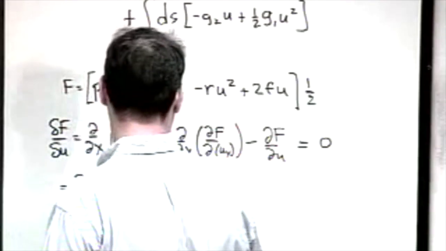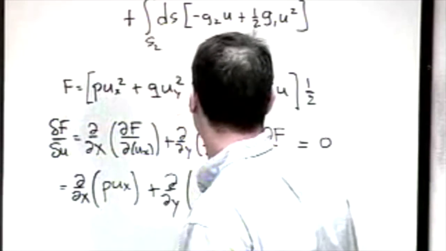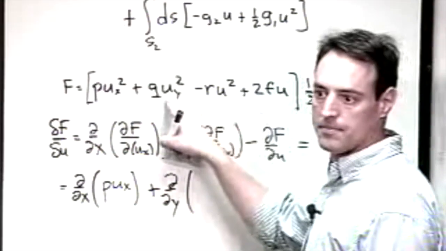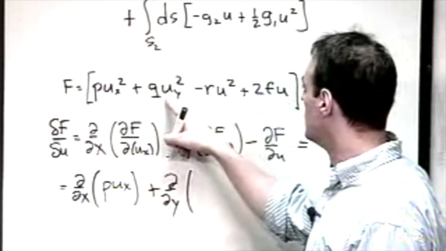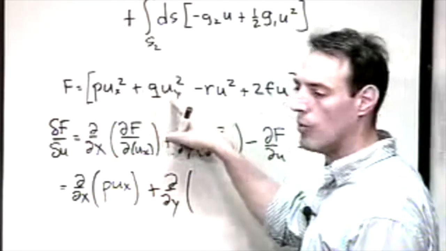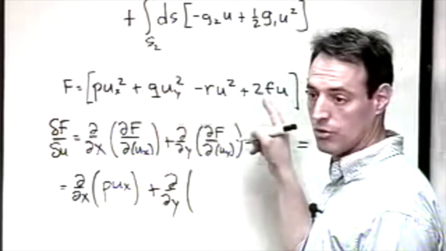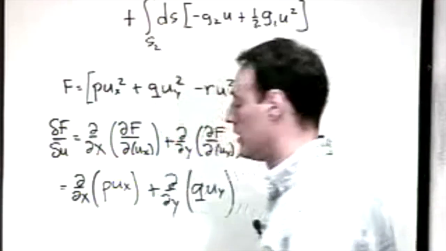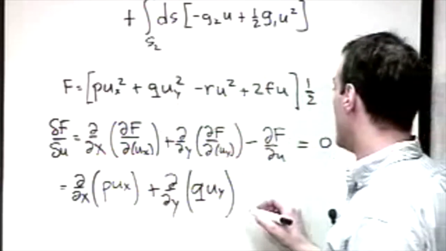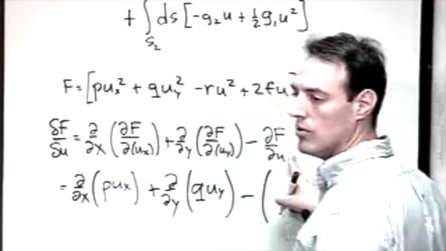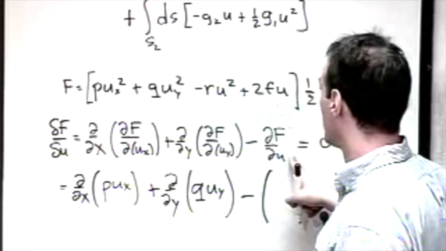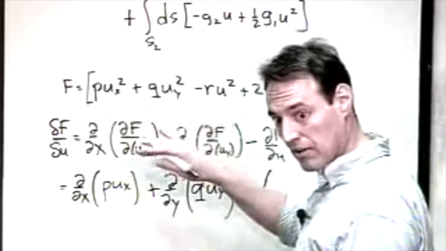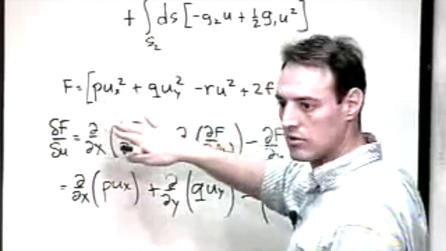Plus, second term, d dy of df duy. Well, the uy only comes in right there. So pop the 2 down. You get 2q uy times 1/2, which is just q uy. That's just like before as well. Minus df du. Take the derivative of this thing with respect to u. Well, this is u of x, not u. Remember, u, ux, and uy are like independent. There's no u here, so the derivative is 0.